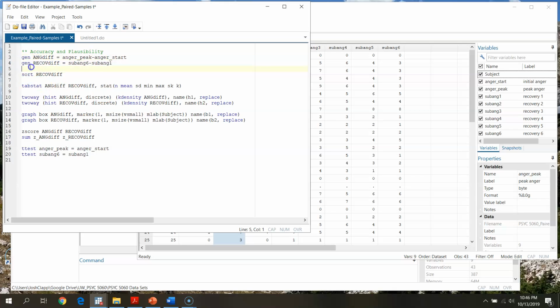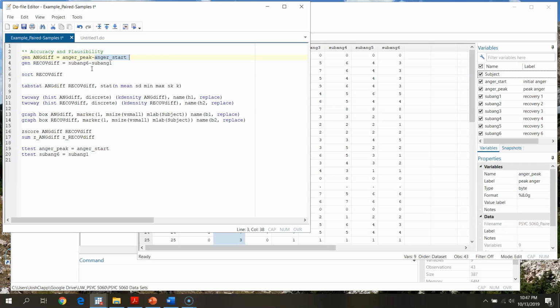So I'm going to generate a variable called anger difference, and this is going to be anger at the peak level subtracted from anger at baseline. Now remember, when we're calculating difference scores, particularly if they're over time, generally it's best to set the score at the latest time point first, subtracting from the initial assessment point.